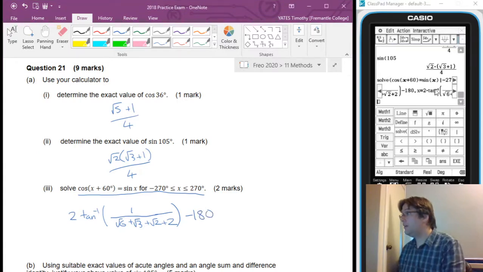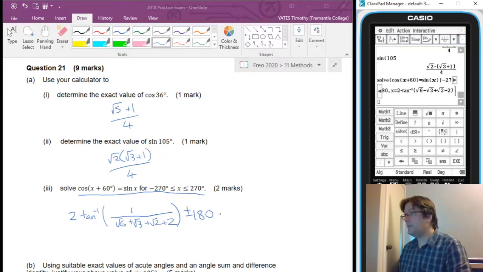What's the next one? It is 2 tan to the negative 1, root 6, root 3, root 2, 2 on the bottom. So it's plus 180 there. So I'm just going to put a plus or minus 180, so I don't have to write that out again. This is the last question of the test, so we may be pressed for time.